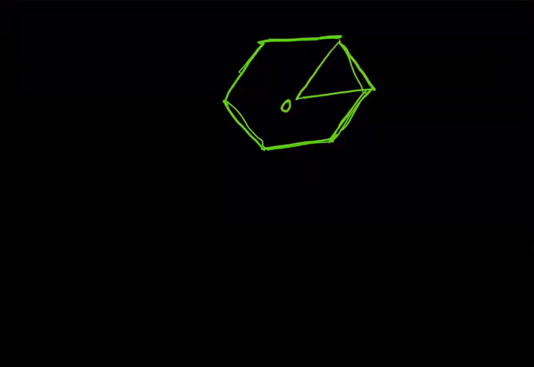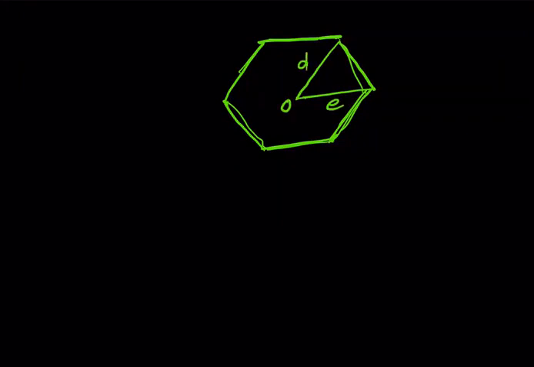So this is O, this is E, this is D, this direction, and that was C, D, E, F, G, H. So for this question, that was page 132.